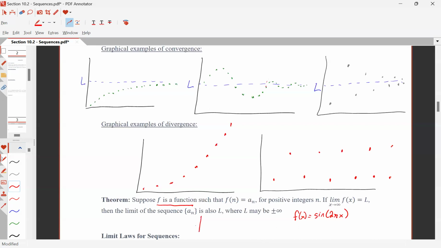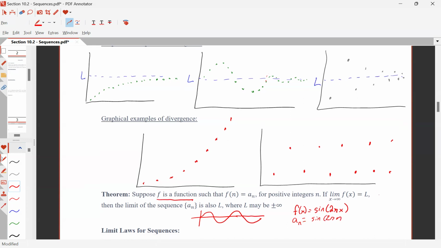We know sine as a function looks like this, but if I only take whole numbers, a sub n is equal to sine of 2 pi n, where a sub 1 is sine of 2 pi, which is 0.